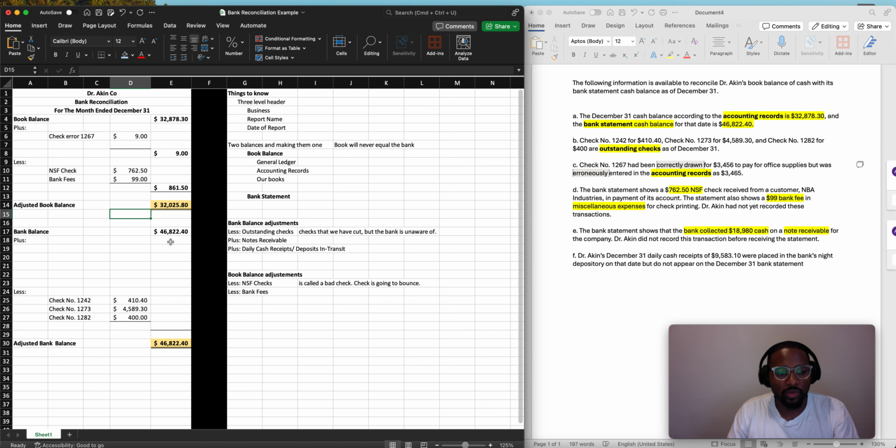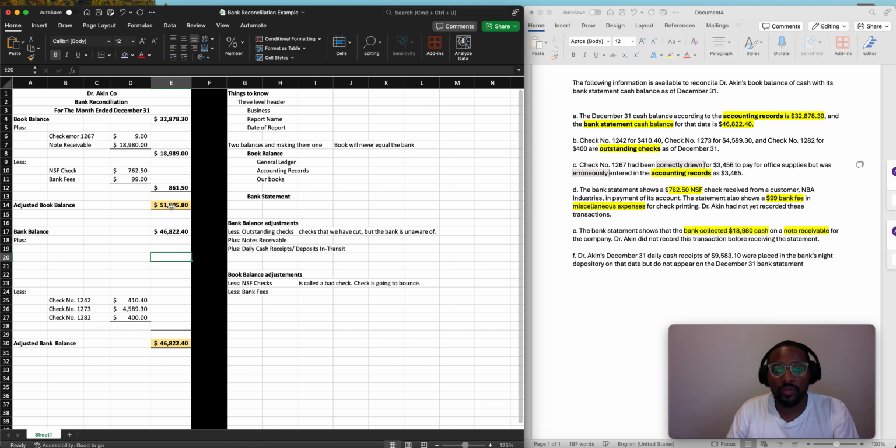The bank has already included the money they collected on our behalf, but we didn't know, so we need to include it in our book. So we're going to put a book, and we're going to put it under plus. So I'm going to come here and put notes receivable, and I'm going to put the 18,980 in there. All right.